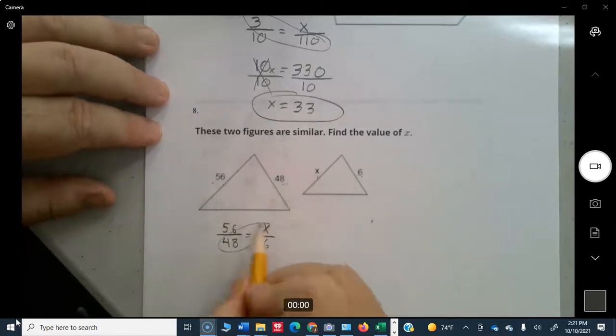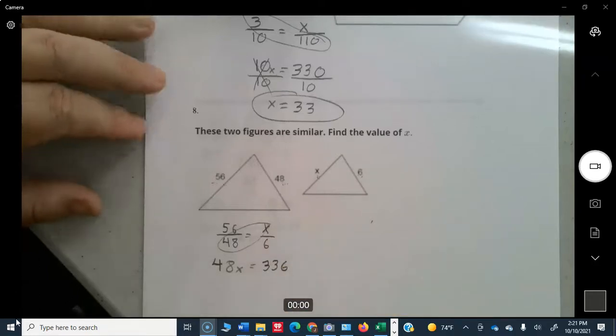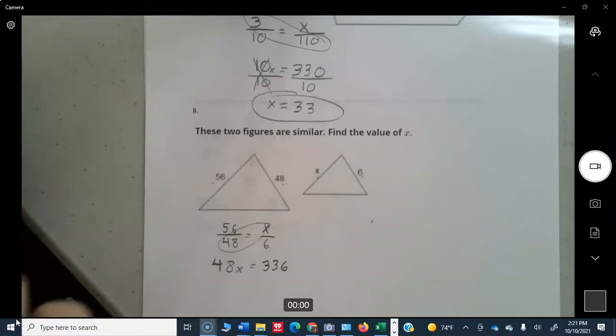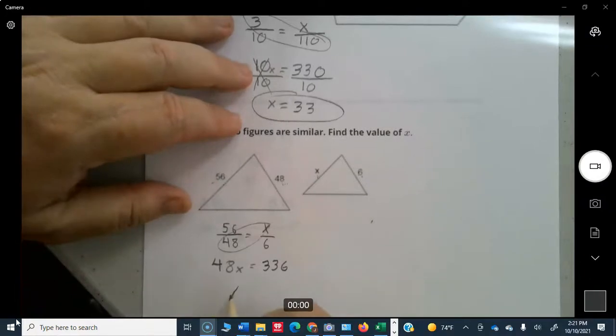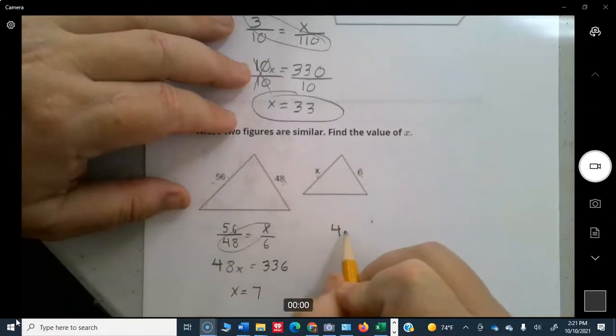Okay, so we cross multiply. 6 times 56 is 336. And I think that's going to give us a whole number, I'm pretty sure. And it gives us 7. Now I'm going to do it the other way. I'm going to do 48 over 56.